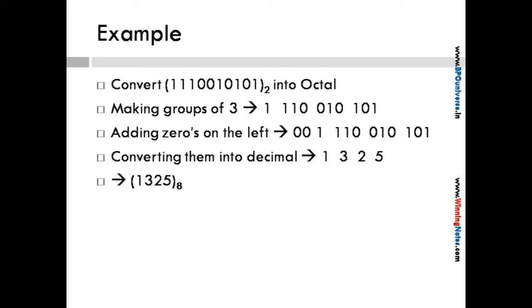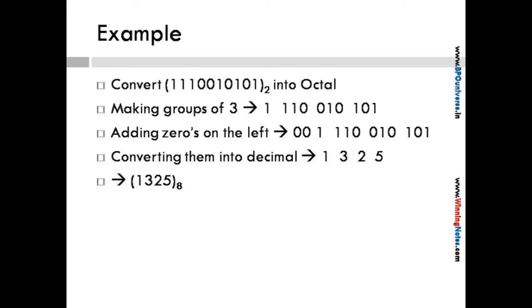Now 001 represents 1, 110 in binary is 6, 010 is 2, and 101 in the decimal form is 5. And then we combine those numbers, which means 1625, and that is the representative form in the octal.